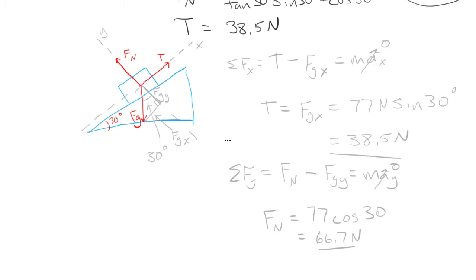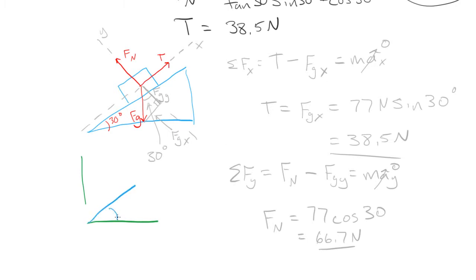Could you explain quickly again how you knew which angle would be for these positions? Sure. What I did is, my initial x-axis was like this. My initial y-axis was like that. In order to get to the slope that I have, the slope is rotated this way.